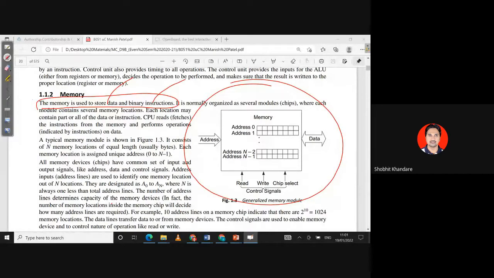Your memory will contain different memory locations. So these are the memory locations: 1, 2, 3, 4, and so forth.